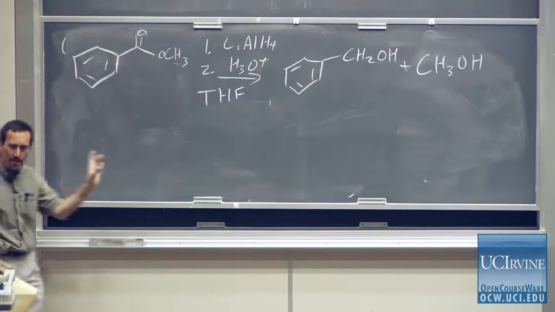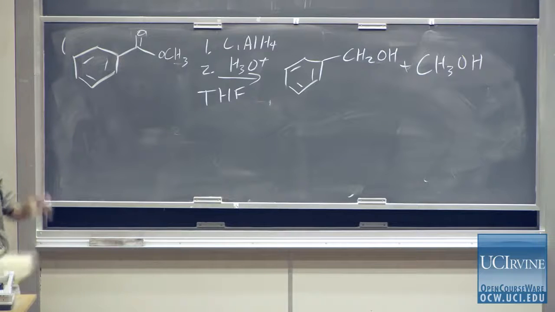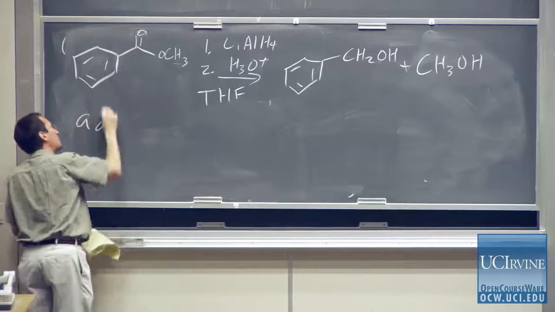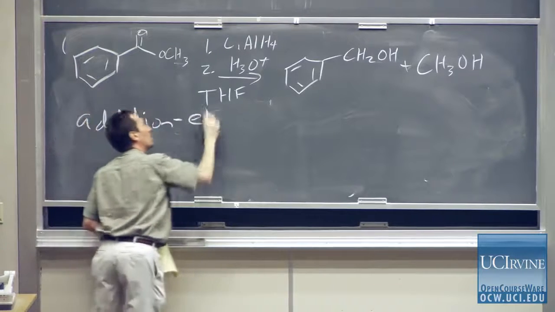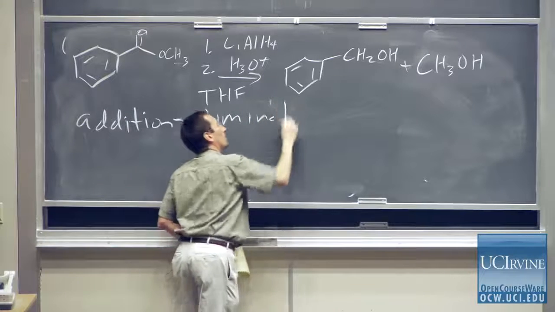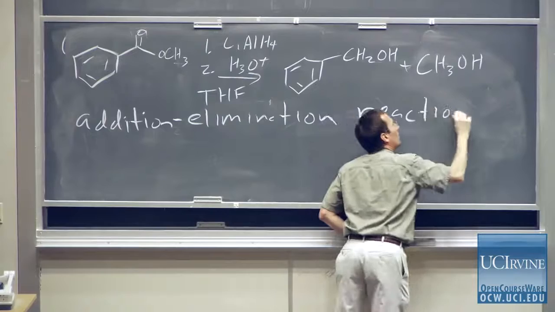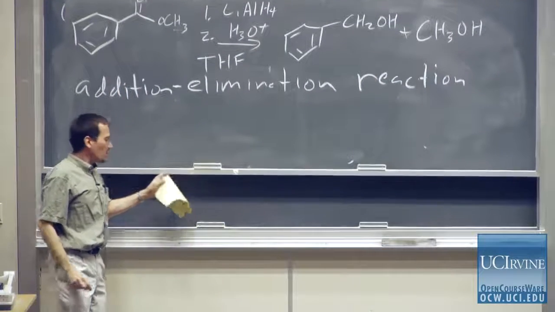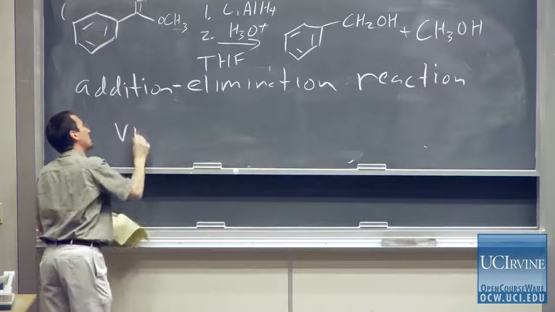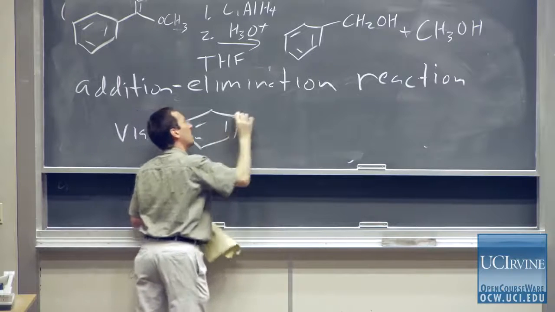And what this ends up illustrating is a new reaction type that we haven't yet seen called an addition-elimination reaction. And we're going to see that this addition-elimination reaction goes through an intermediate of benzaldehyde.